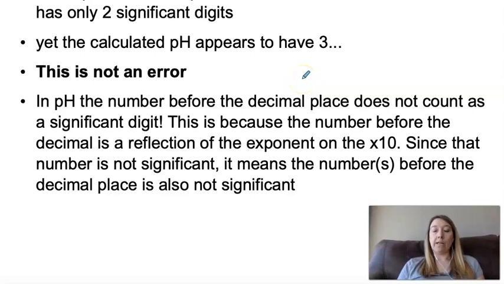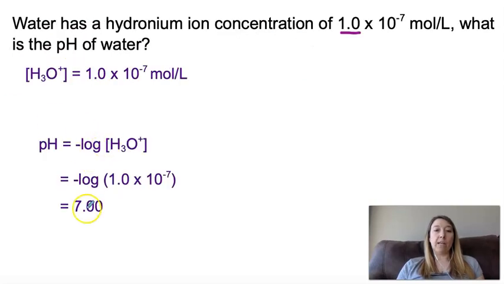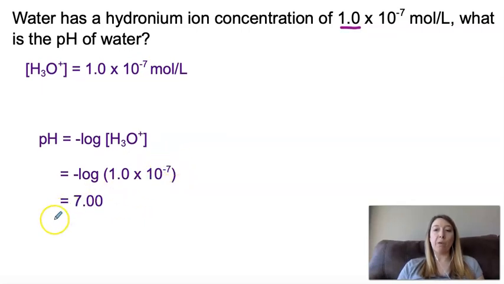Okay, the reason it doesn't count, and you'll figure this out when you learn about logs next year in math, is that number before the decimal being 7, it came from this, the exponent on my times 10 to the power up. You're always going to find that the number before the decimal is either going to be the same as that number or it'll be 1 off. So if this is a 7, either this is going to be a 6, a 7, or an 8, and that's just a reflection of this.